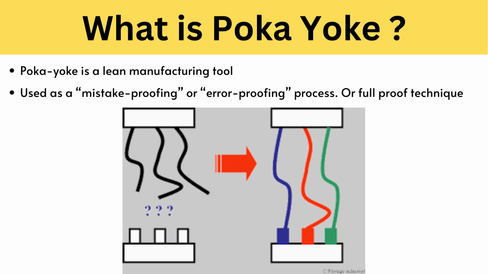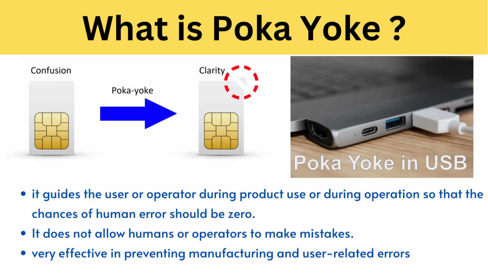The Poka Yoke technique is a tool of lean manufacturing. It is used as a mistake proofing, or you can say error proofing process, or a foolproof technique, because it guides the user or operator during the product use or during the operation, so that the chances of human error should be zero.